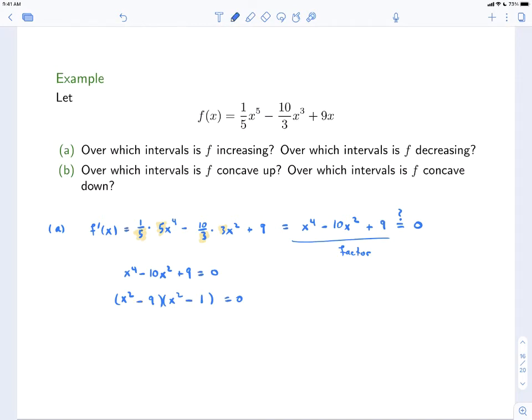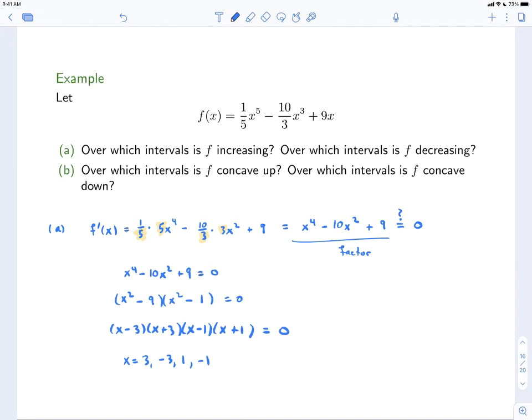So we're able to factor it, but we can, of course, factor it further. This is x minus 3 times x plus 3 times x minus 1 times x plus 1, and this is equal to 0. So that tells us that we have x equals 3, -3, 1, and -1.